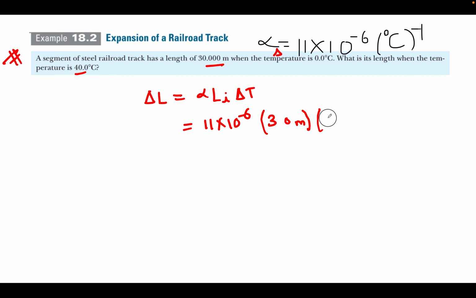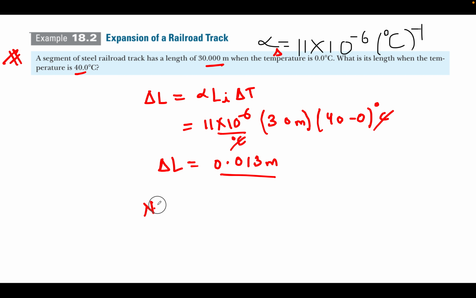The change in temperature is 40 degrees minus 0 degrees Celsius. On solving this, we can reduce the expression, 3 for the 12 and 12 into 11, so it comes out to be 0.013 meter. The degree Celsius gets cancelled. The change in length, the linear expansion, is 0.013 meters.